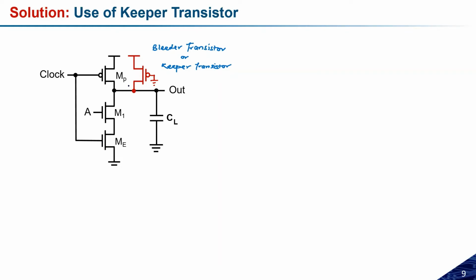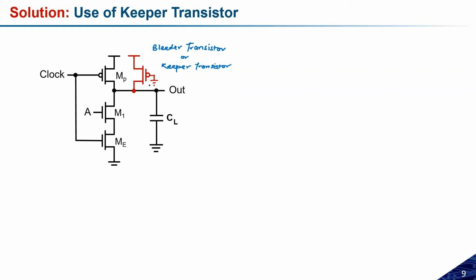And if it is always on and strong enough, then the evaluation is not sufficient. We cannot evaluate it properly. So this is the problem with this keeper transistor, which we have directly connected in between the VDD and the dynamic node N.